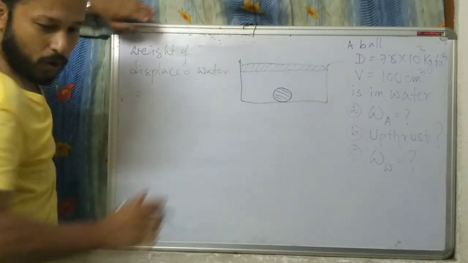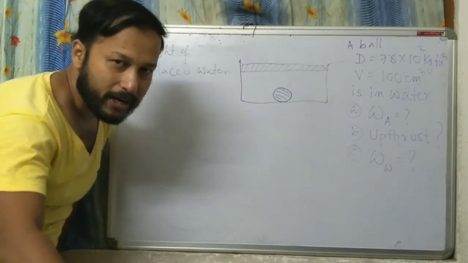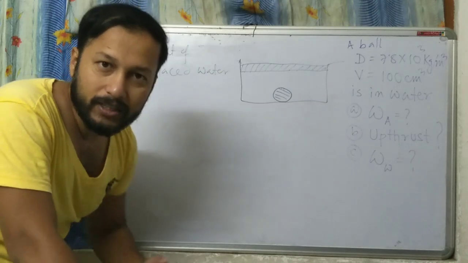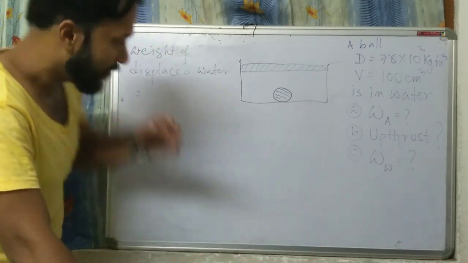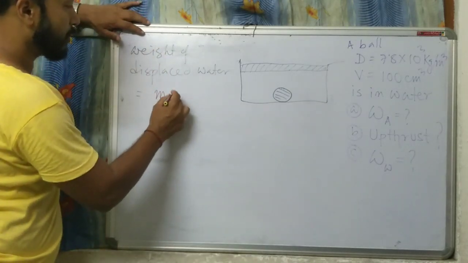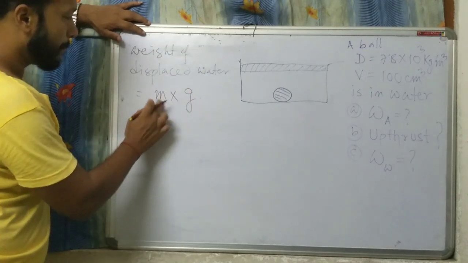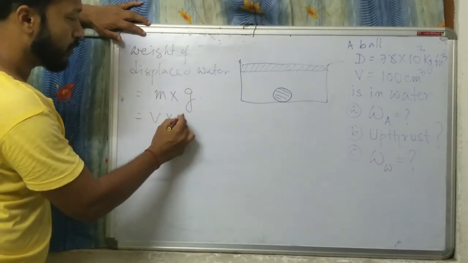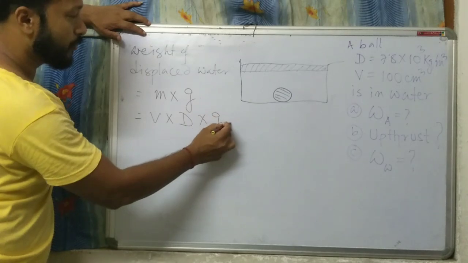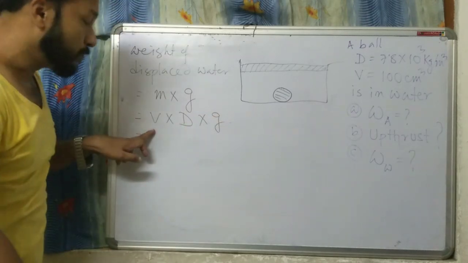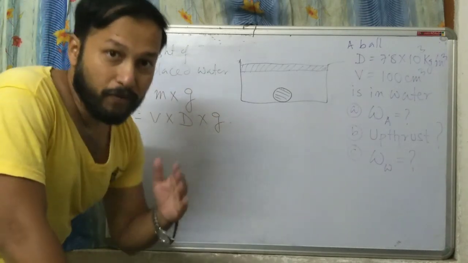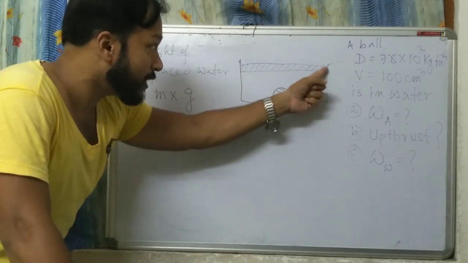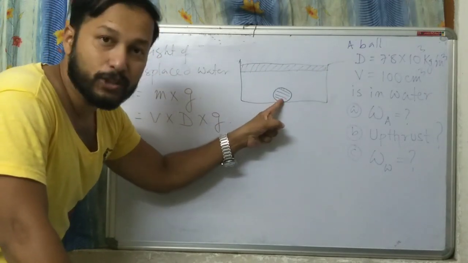Now to find the weight of displaced water, we will use the same formula: weight equals mass into gravity, and mass means volume into density. Now, what is the volume of this much water? It means the volume of this ball.